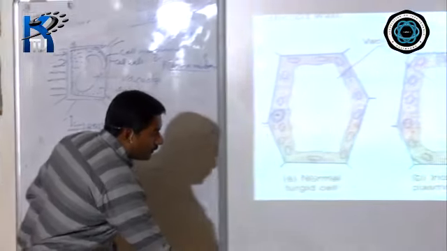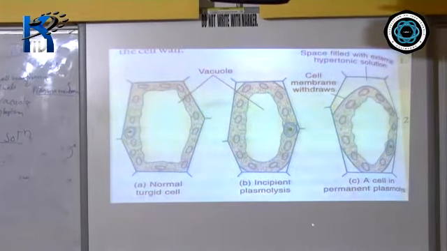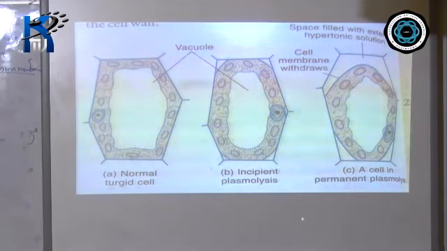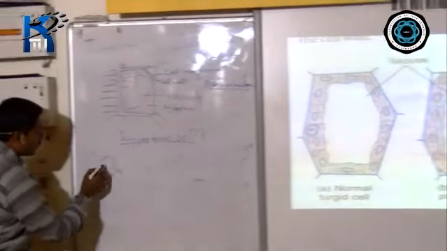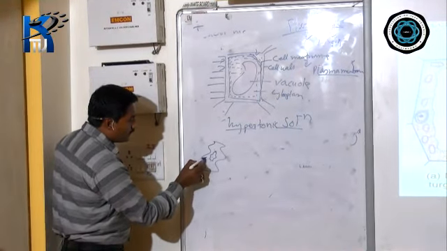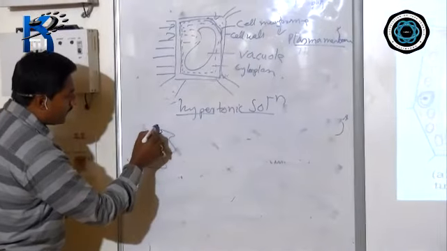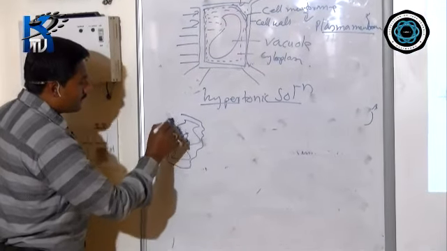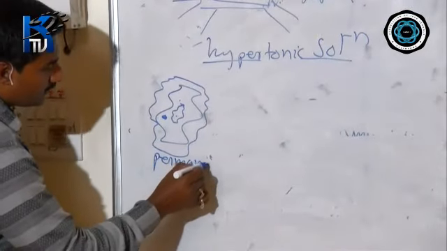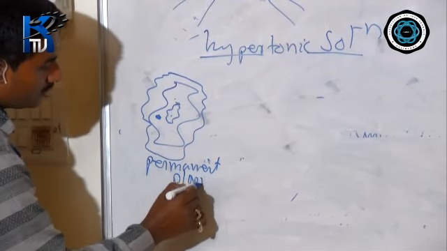Now suppose, for example, a cell undergoes permanent plasmolysis. Take this cell which has shrunk fully. The vacuole has shrunk, the nucleus is there. This is the condition of the cell, permanent plasmolysis.